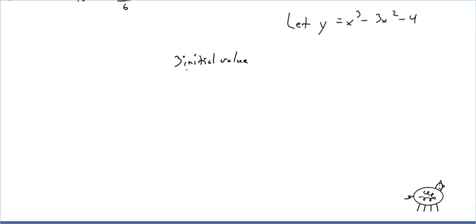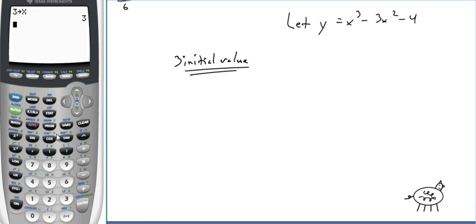All right? And now what we're going to do is we're going to say our new value is going to be that value we just stored. Right? So we're going to call it x minus f of x. And then we're going to do VARS, Y-VARS, function, Y1.